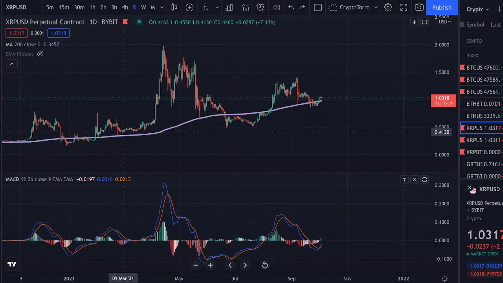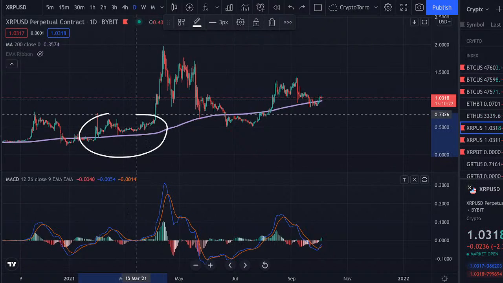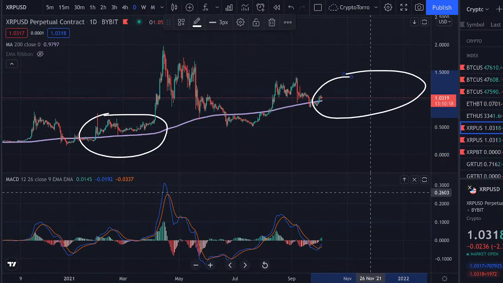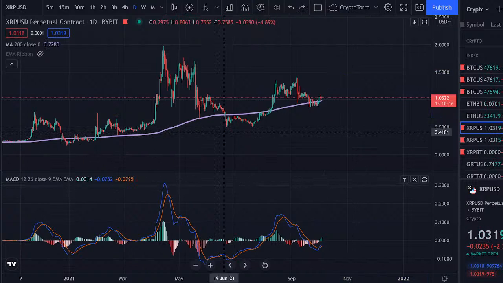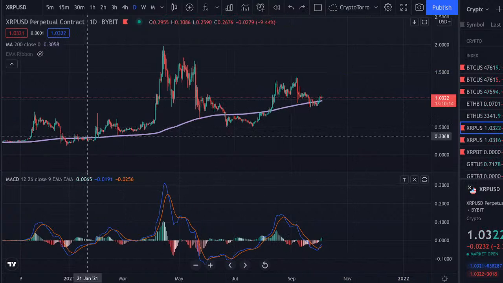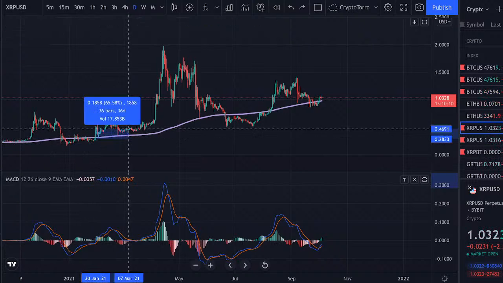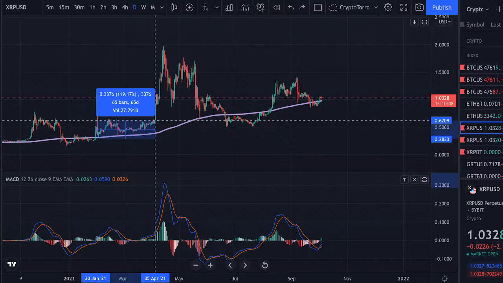And let's say we are right now going to see this accumulation taking place on the XRP chart during the upcoming month. If this takes place, we are going to see an accumulation of approximately 100%.